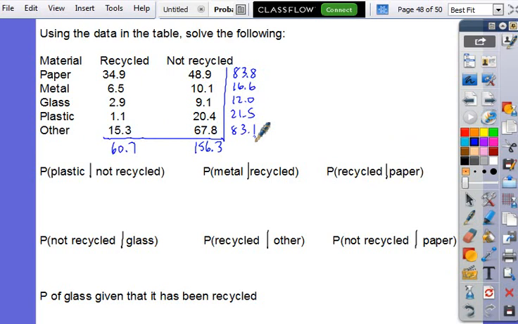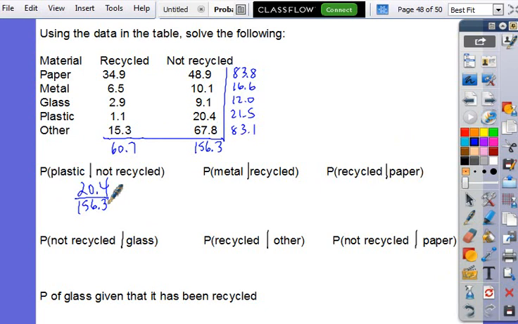Then I can say, okay, give the probability of plastic and it's not recycled. So I start with not recycled, which is 26.20. That goes on the bottom. Then I say, well, how much of that is plastic? 20.4. Now, as far as the answers go, you can leave it as this.